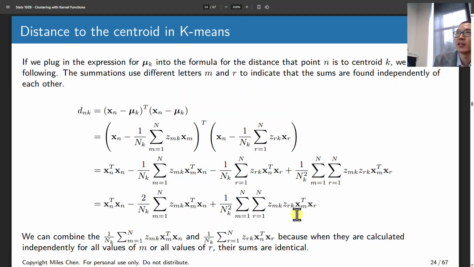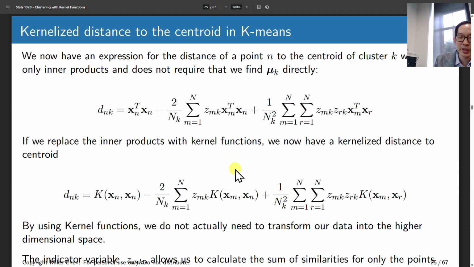Okay, and what I have here is these inner products between xm, xr, and whatnot. And wherever I see one of these inner products, these x transpose x, I'm going to replace it with a kernel function, because a kernel function is also an inner product.